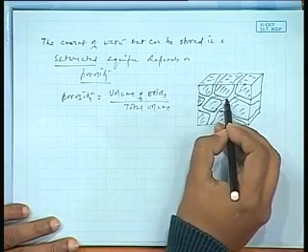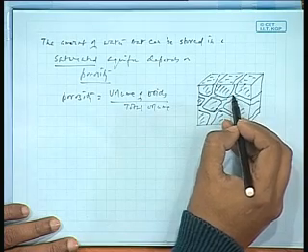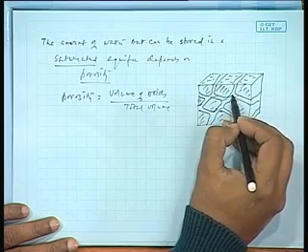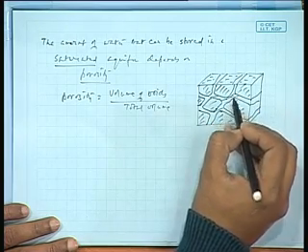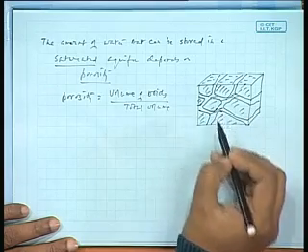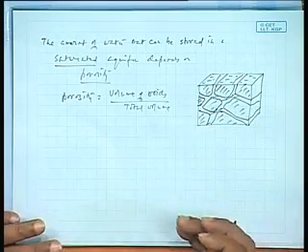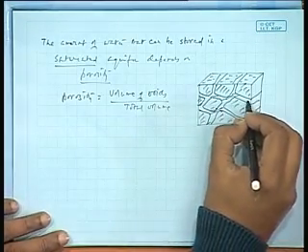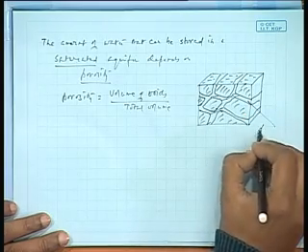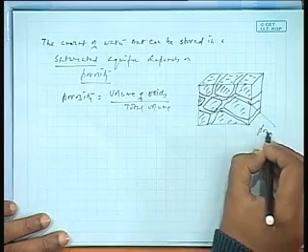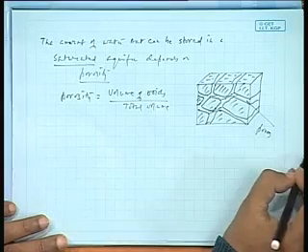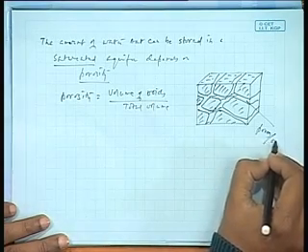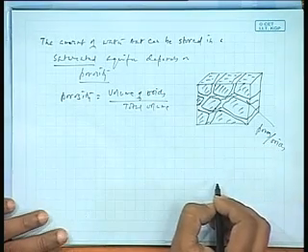Between these two structures, there would always be some pores. These are known as the pores, or say the voids.